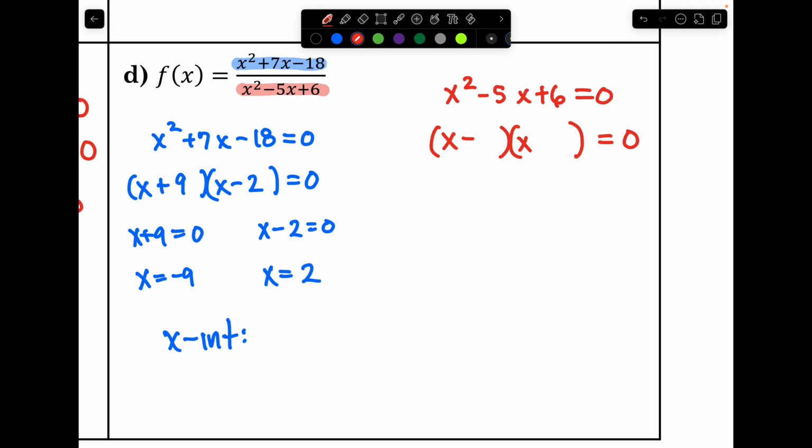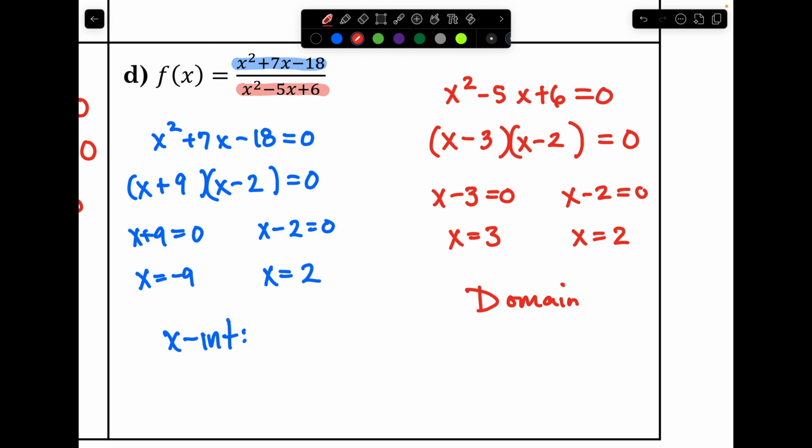Minus, and let's see the factors of 6 to give us 5. That would be 3 and 2. So x minus 3 equals 0 has a solution of 3, and x minus 2 equals 0 has a solution of 2.